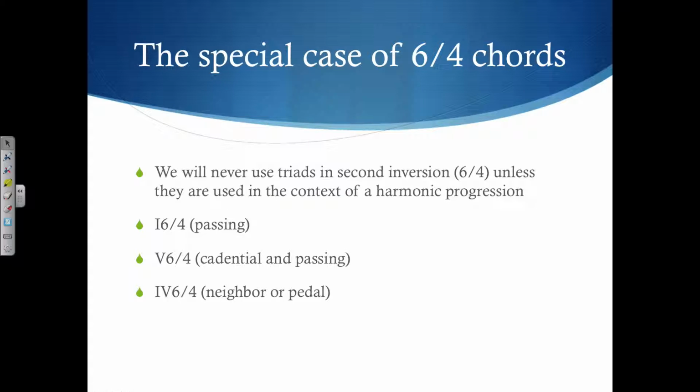We will rarely see, for instance, a ii 6/4 or a iii 6/4 or a vi 6/4. They do exist and they are used, but as embellishments to harmonies, and we'll cover those in other classes. But they are weak chords, and we like to talk about 6/4 chords as these special context chords. That's why I make such a big deal of them now.